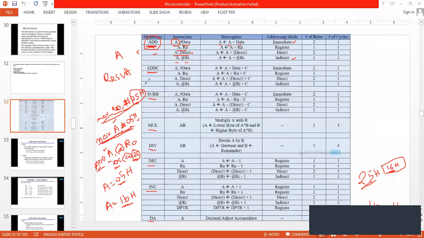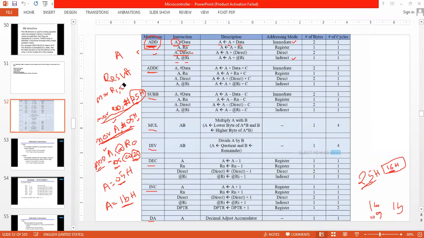Okay, take it as MOV R1 comma 80. Sorry. R1 comma.